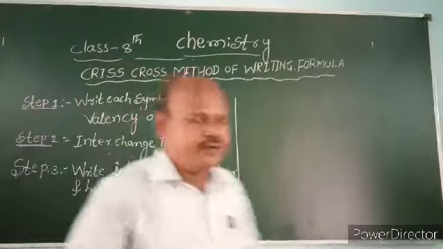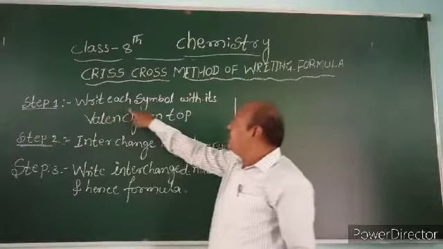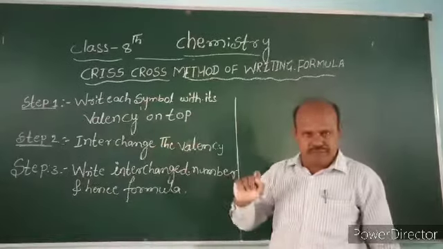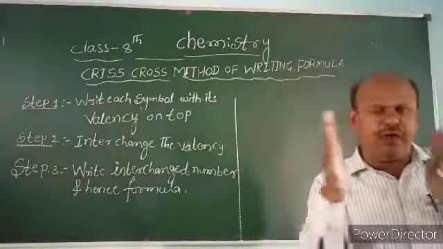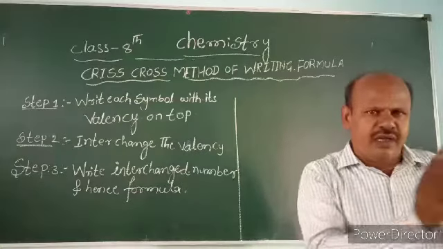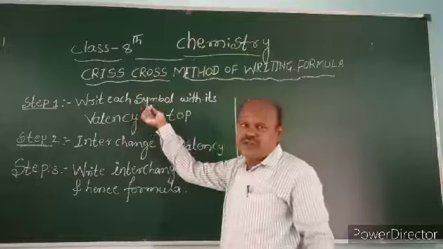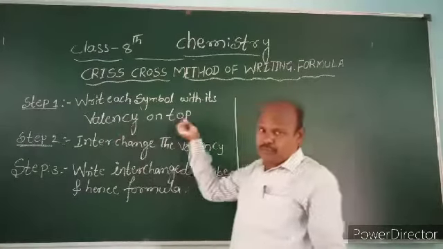Here three steps are there to write the chemical formula. First one, write each symbol with its valency on top. Any chemical formula given is divided into two parts: one is the positive radical and another one is the negative radical. First you write the symbols of those with their valency on top.